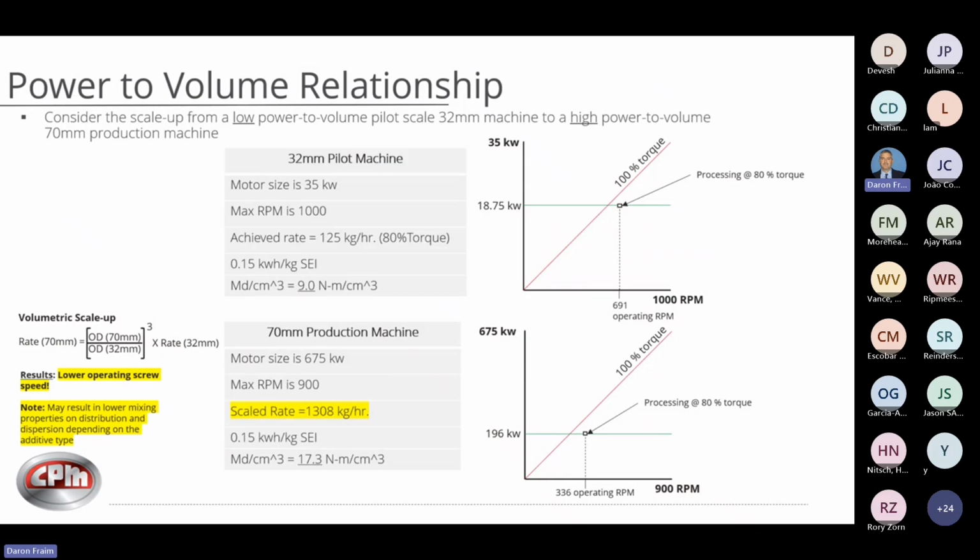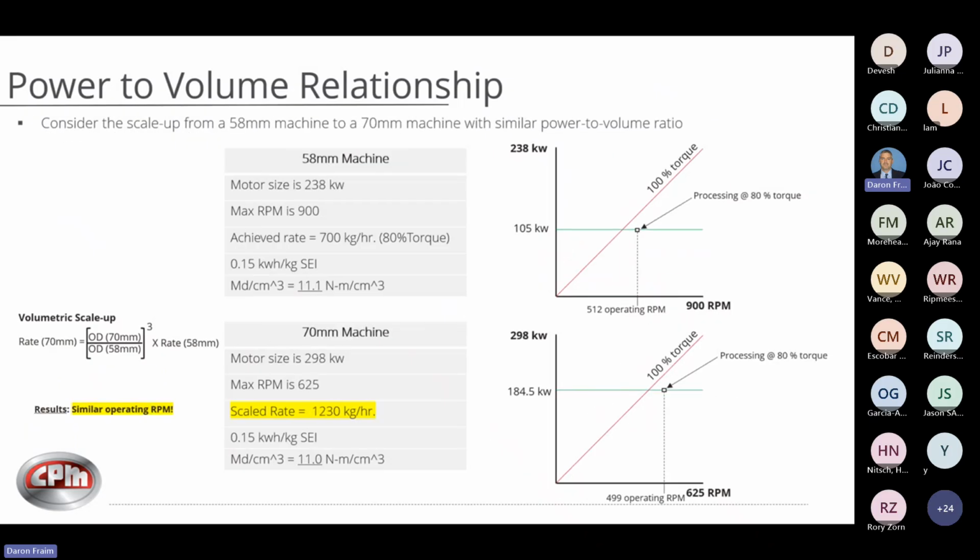And so in this case, on the pilot machine, you operated at 691 RPM. Let's say you got good properties, but when you go to the 70, you realize maybe your dispersion quality is not as good because you're operating at a lower RPM. Now you could ramp the RPMs on that machine, but this is just to show you where these will operate differently at the 80% torque rating when there's differences in these power to volume.